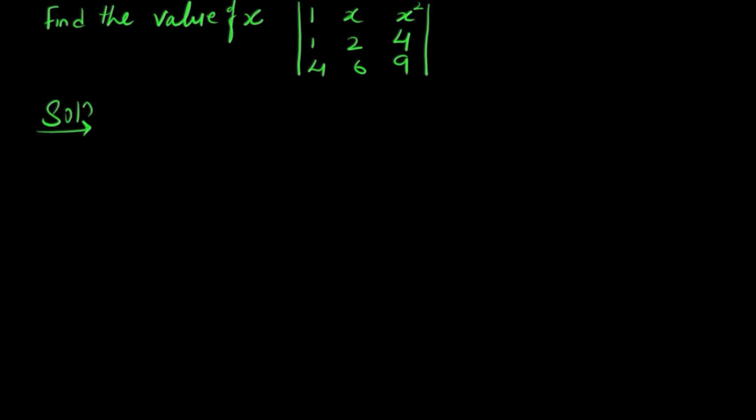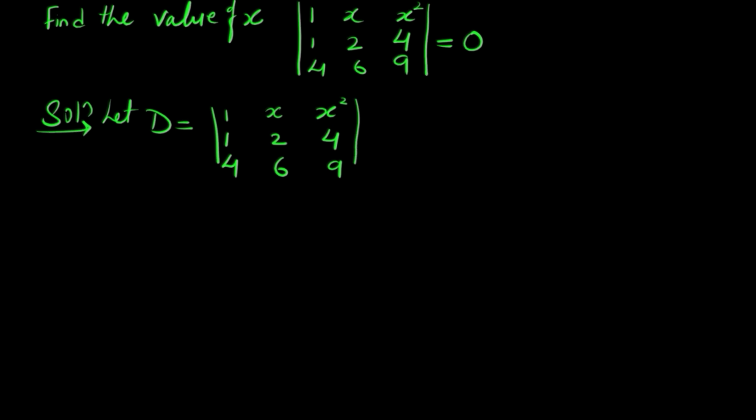Solution: let D be the determinant 1 x x squared, 1 2 4, 4 6 9, equal to 0. The determinant of the value given is 0.